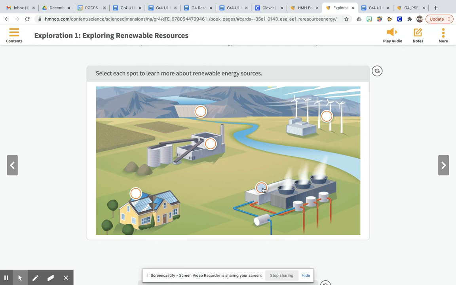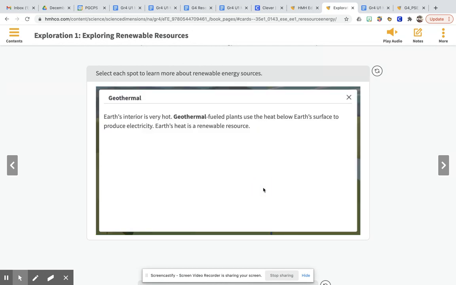And finally, over here, we have geothermal. It says Earth's interior is very hot. Geothermal fuel plants use the heat below Earth's surface to produce electricity. Earth's heat is a renewable resource.